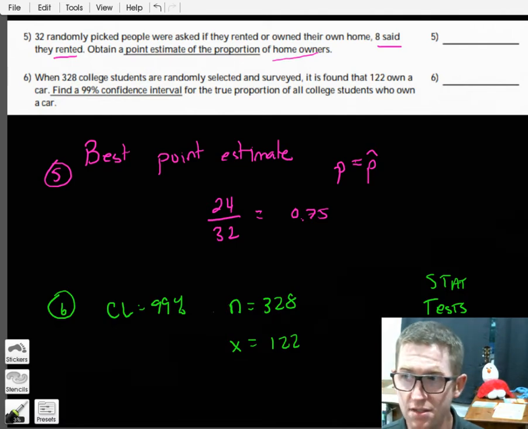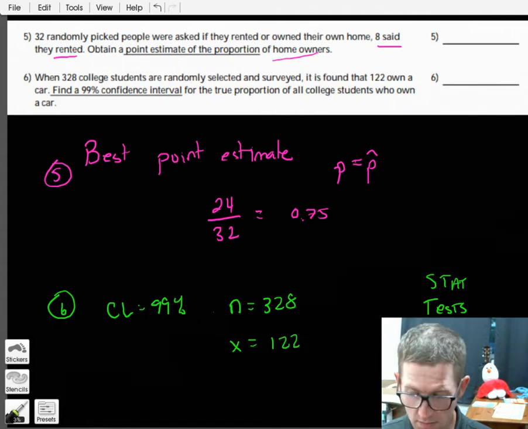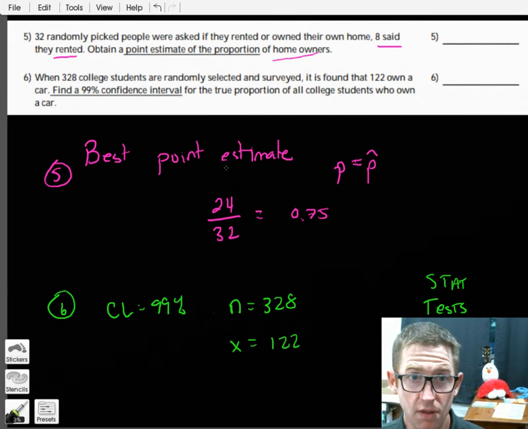How do I know that it's a z interval? Well, it's a proportion, so it's one prop z interval. And when we're doing proportions, you don't do t-tests, so it's got to be a z-test, and it's an interval because we're asked to find the confidence interval. So that's how I know it's one prop z int.